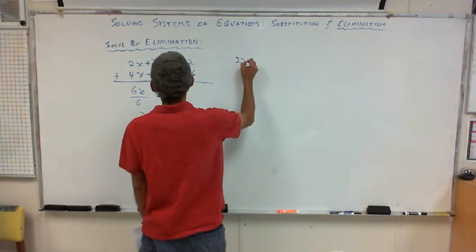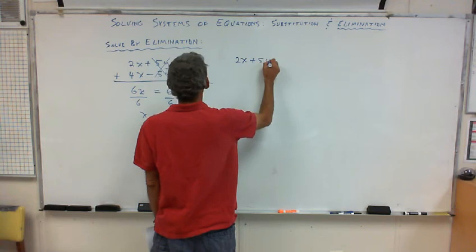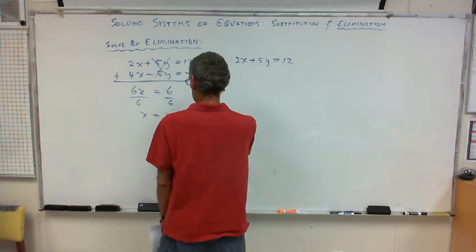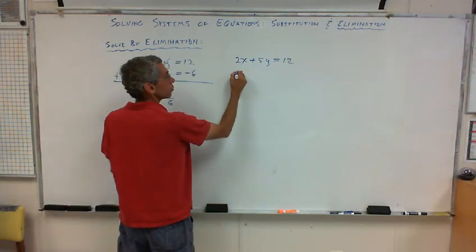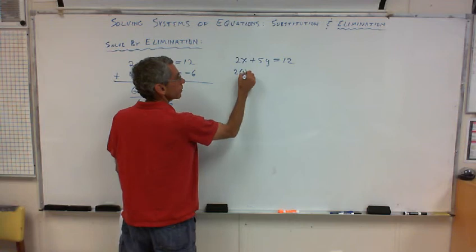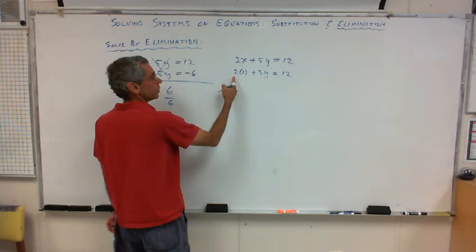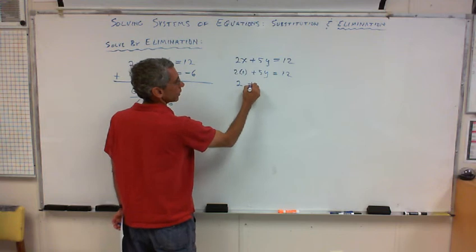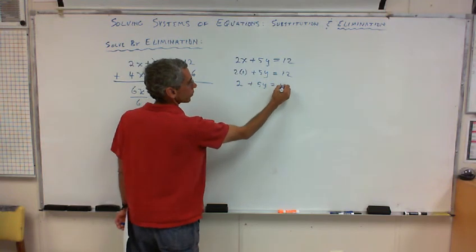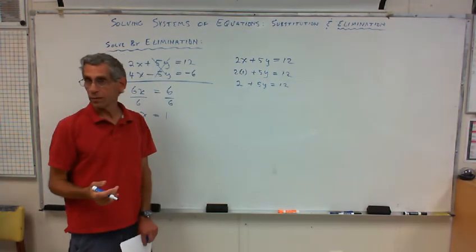It just looks slightly easier to me. 2x plus 5y equals 12, and x is 1. So now 2 times 1 plus 5y is equal to 12. That's 2 plus 5y is equal to 12. What would I do now? Clayton, help me.